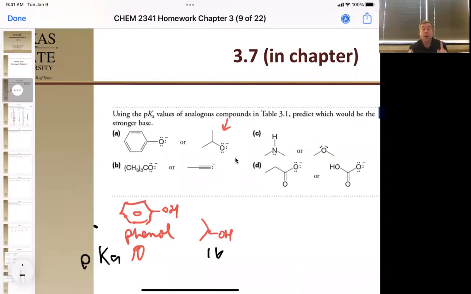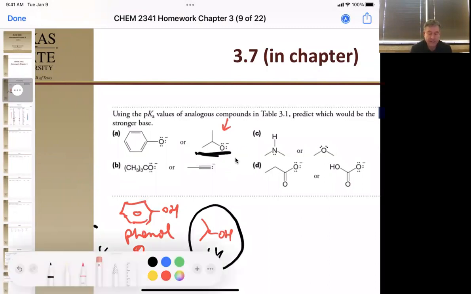Which of these is the stronger acid? Phenol is going to be the stronger acid because it has the lower pKa. But remember, base strength is the opposite. So if phenol is the stronger acid, that means the conjugate base of this compound is going to be the stronger base. So this one is going to be the stronger base.